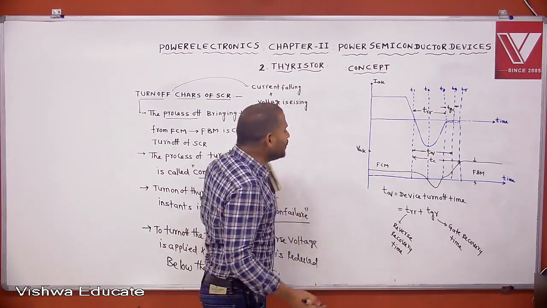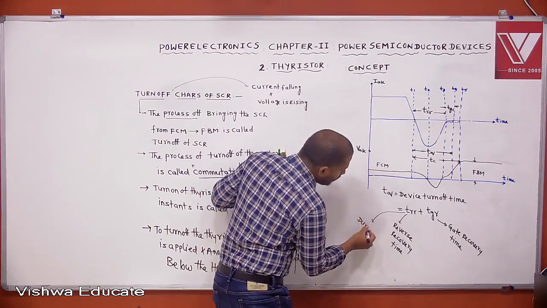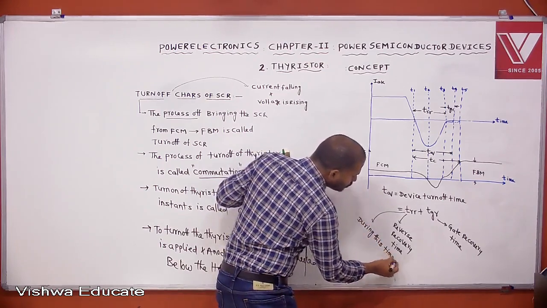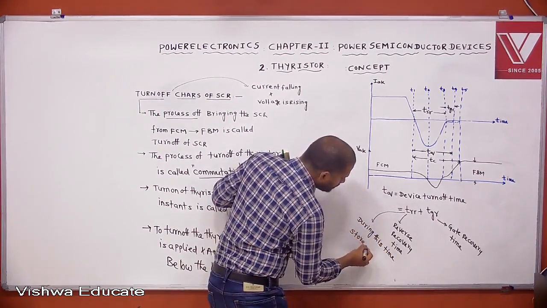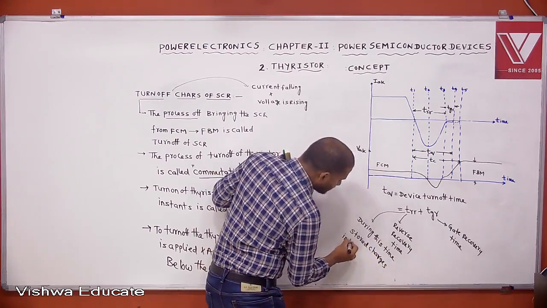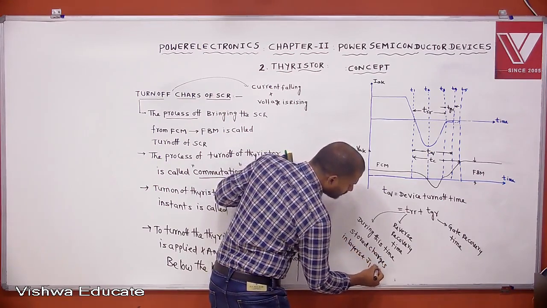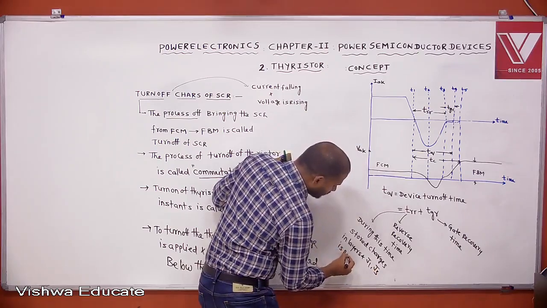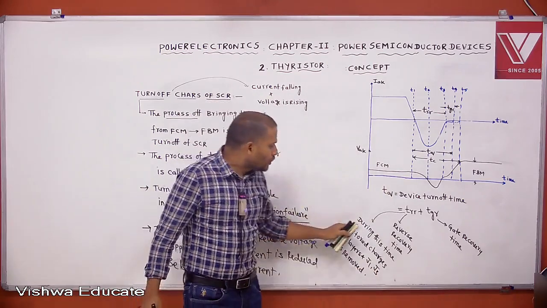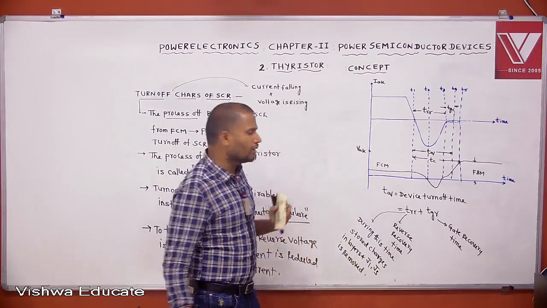Understood? The point to remember: during TRR time, stored charges in the layers and in J1, J3 are removed.